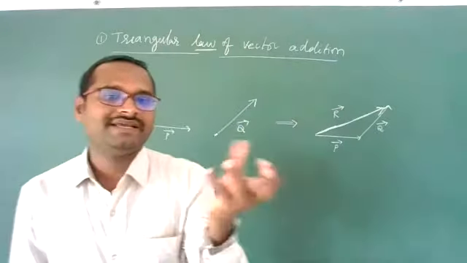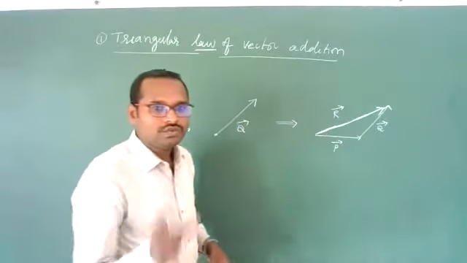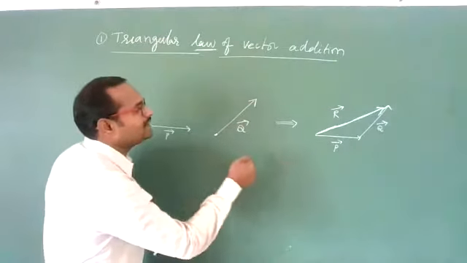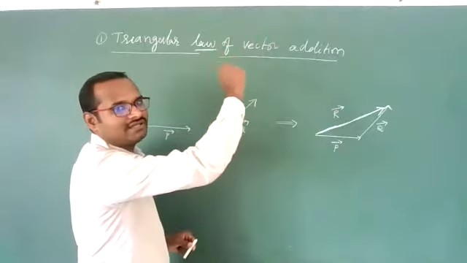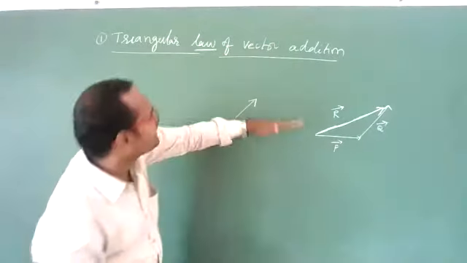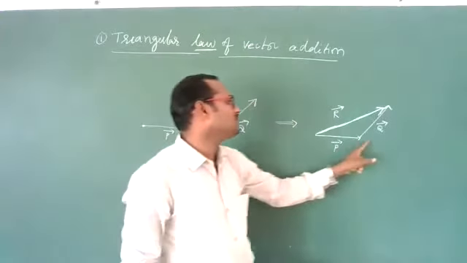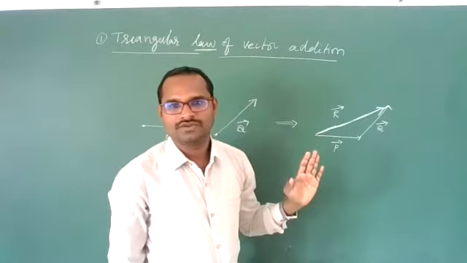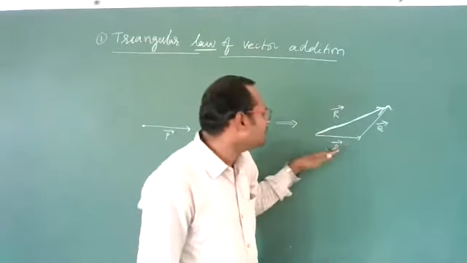See, while taking the two vectors to add, they should be taken in one particular order, either in anti-clockwise sense or in clockwise sense. I am taking these two in anti-clockwise sense like this, P and Q, in one particular order.